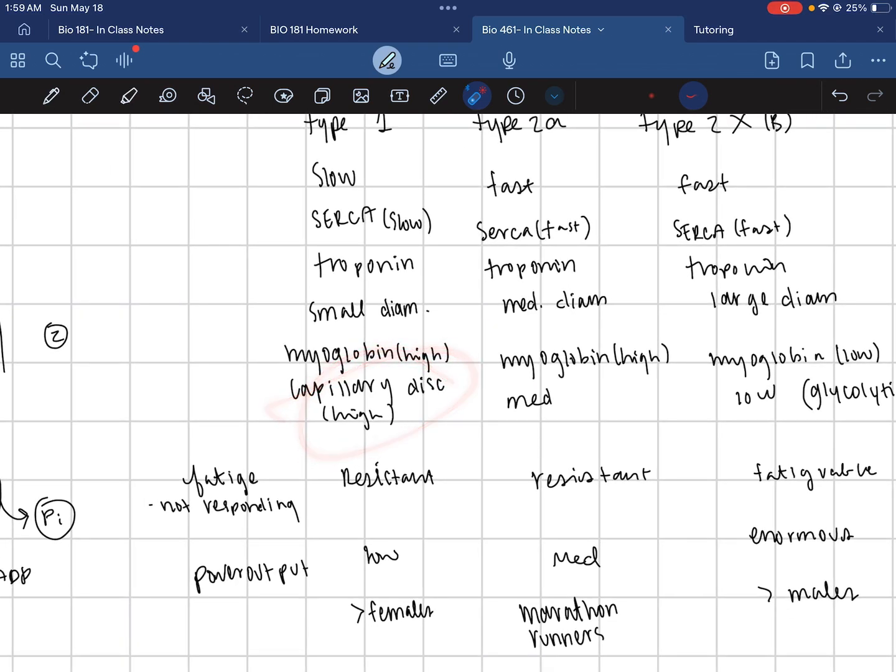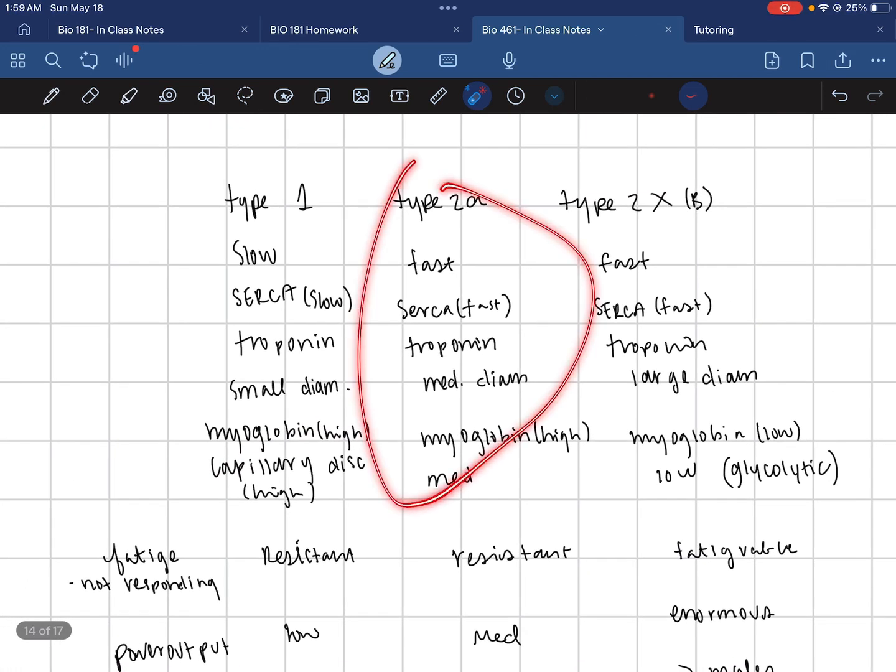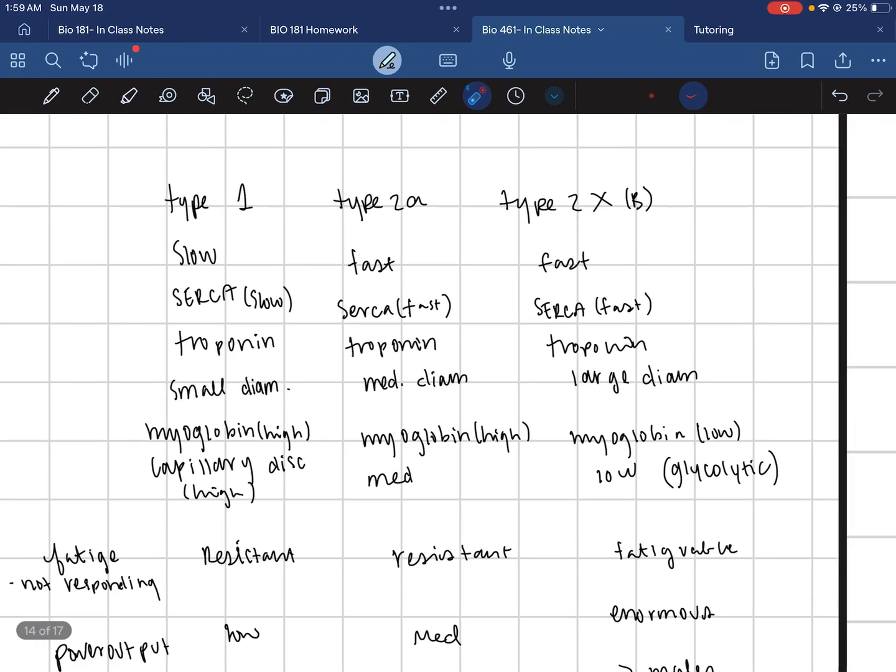And it has a high capillary density. We have the type 2A, which is fast, and the SERCA pump pumps out calcium fast for this one. Its regulatory protein would also be troponin. It's medium diameter. Its myoglobin is high, and its capillary density is medium.